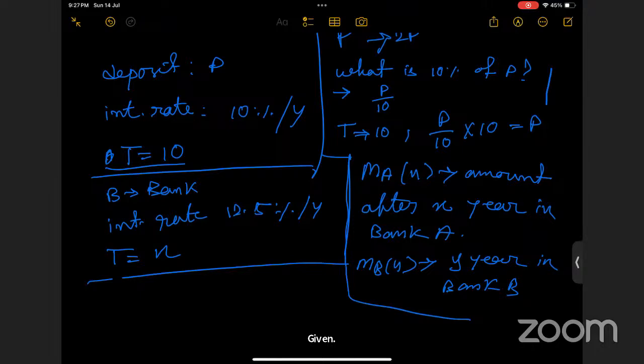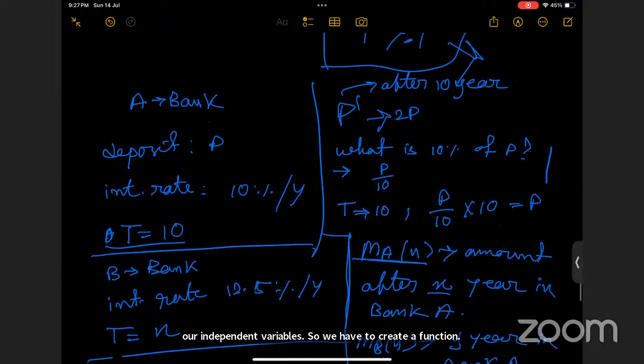MA is the amount after X years in bank A. In a function, we have one dependent variable and one independent variable, right? So we can take X years as our independent variable, and we have to create a function with this.